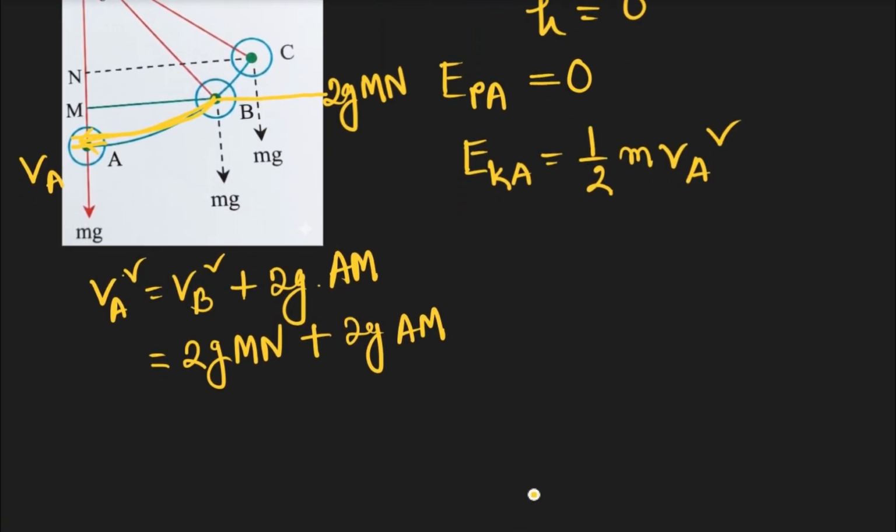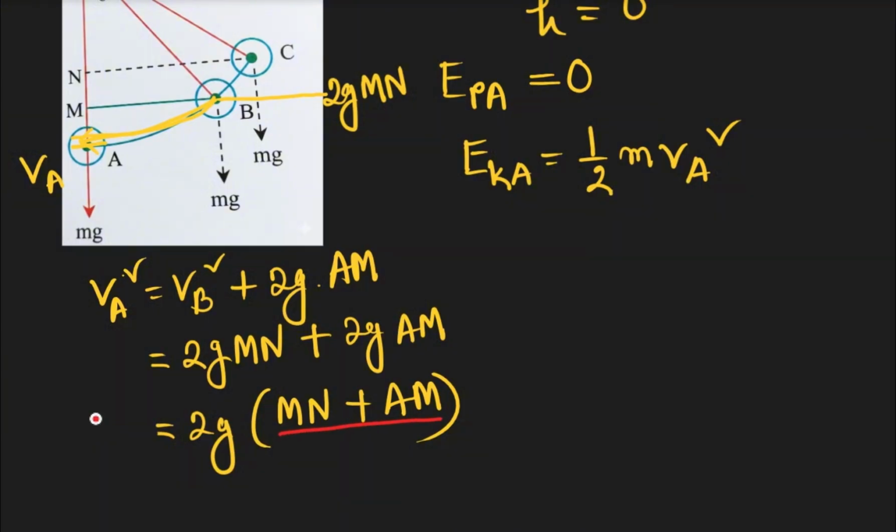The 2g part is common, so MN plus AM, and all together we can write AN. So VA square is equal to 2g AN.